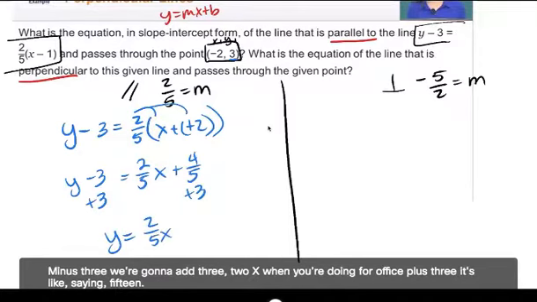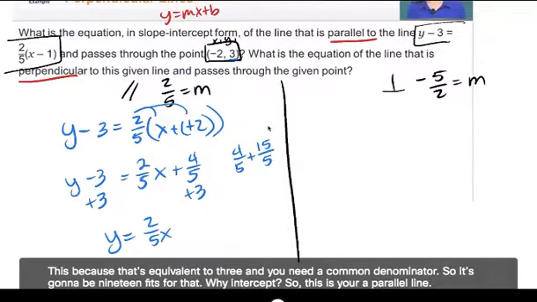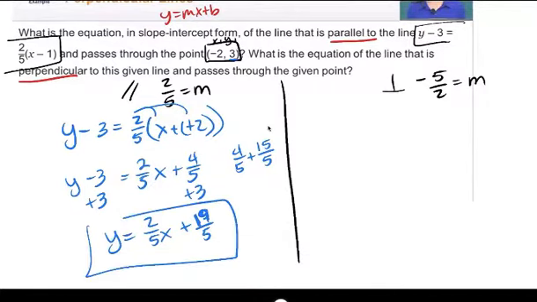So y equals 2/5 x. When you're doing 4/5 plus 3, it's like saying 15/5, because that's equivalent to 3 and you need a common denominator. So that's going to be 19/5 for that y-intercept. So this is your parallel line.